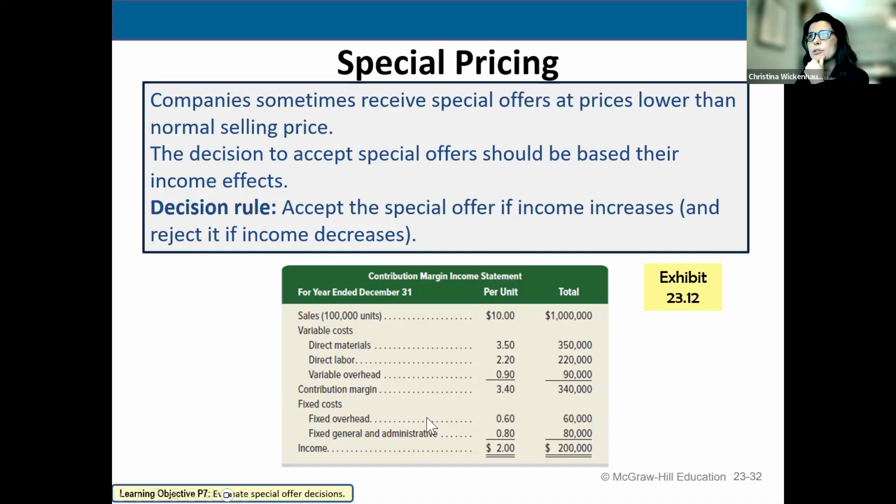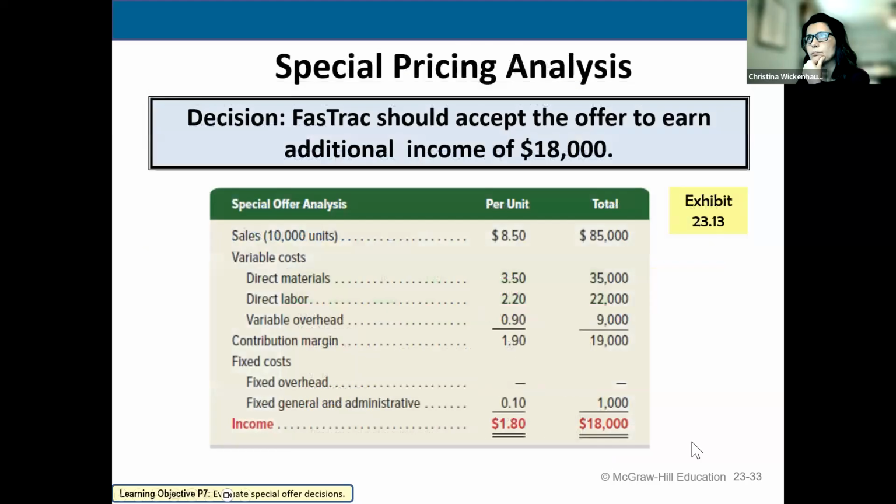So we have a contribution statement right here. We sell it for $10 a unit. We sell 100,000 units. That's 100,000 total. There are individual product variable costs and a fixed overhead, and they've done it per unit for 100,000 units. So we get $2 of income and 200,000 total.